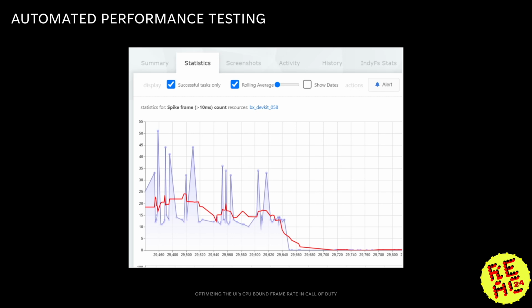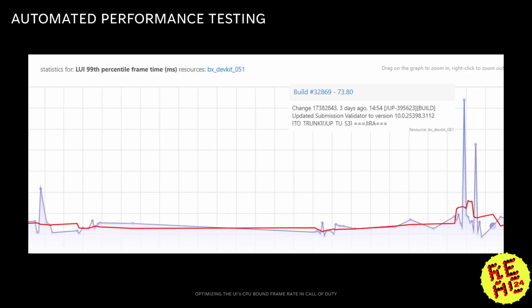In the above example, you can see the incidence of spike frames decreasing over time as we optimize them out. Here is another example of where a change has introduced a frame stall. While this is still a work in progress and we need to further build out our tests and stabilize the data, even in its current state, it's been really effective in catching performance and memory regressions.